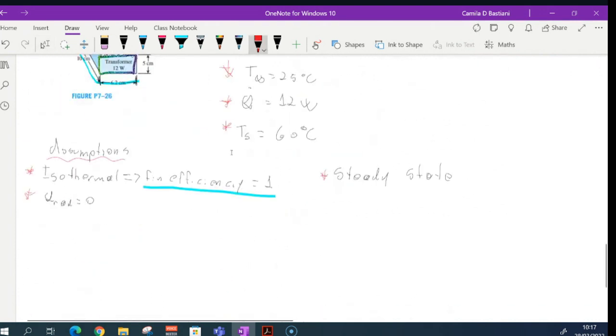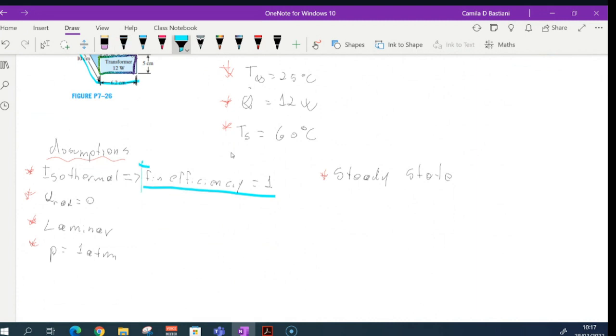I'm told that it is laminar; I can verify that after. We're also going to assume the pressure to be atmospheric. That allows me to read the data for the air at atmospheric pressure from the tables.